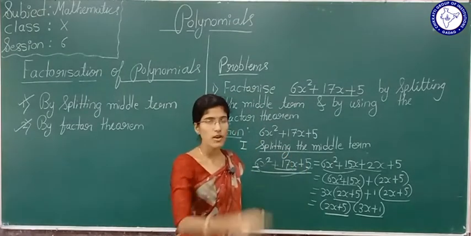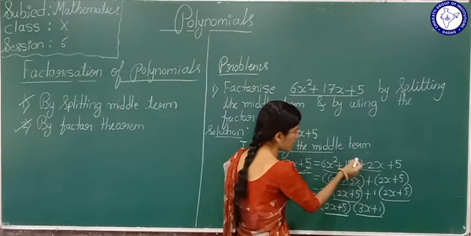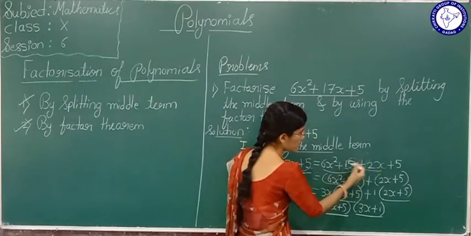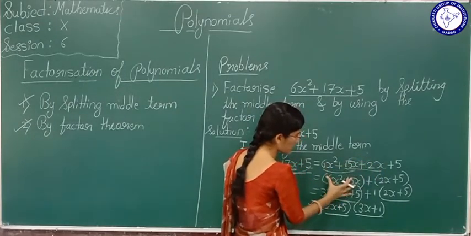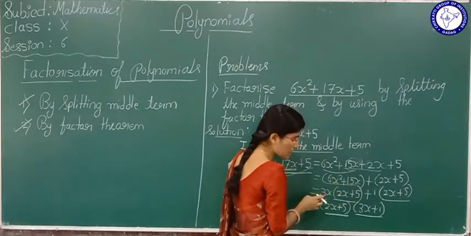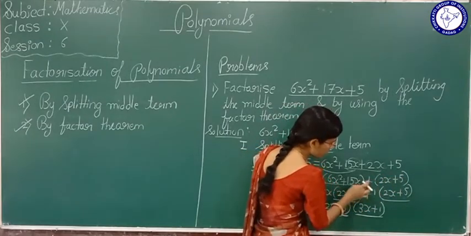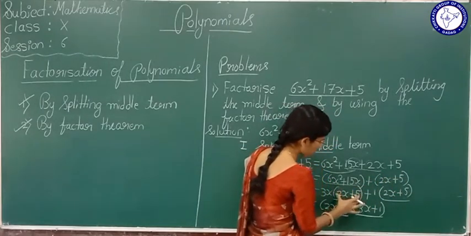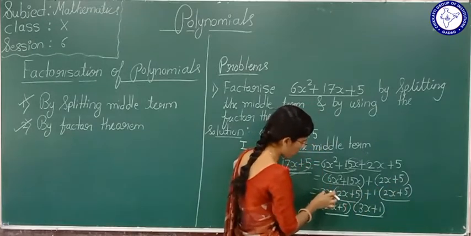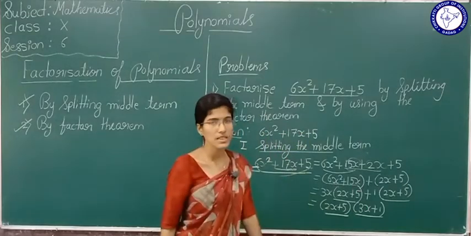You have to find such numbers. The numbers satisfying the two conditions are 15 and 2. That's why I took these numbers and grouped the first two and the last two terms. Whatever is common, take it outside. Here, is there anything common? No, that's why I took plus 1. Afterwards, take the common bracket outside, and we get (2x plus 5)(3x plus 1). This is about splitting the middle term.